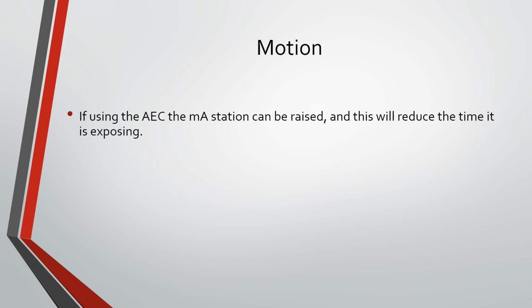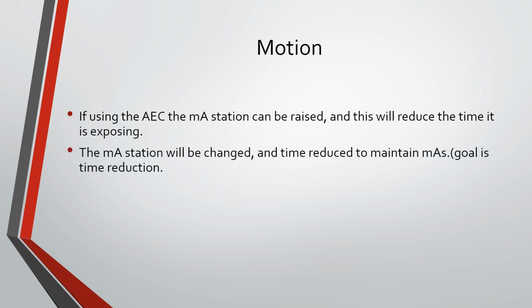It's going to shut it off when it decides it's exposed enough. So we want to raise the mA station, and the time will be reduced to maintain the mAs. The goal is time reduction.